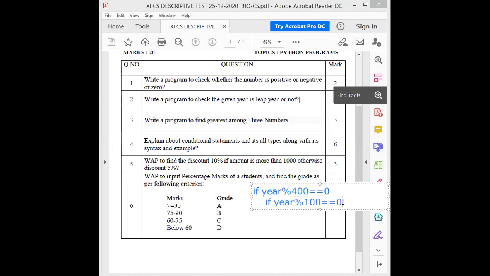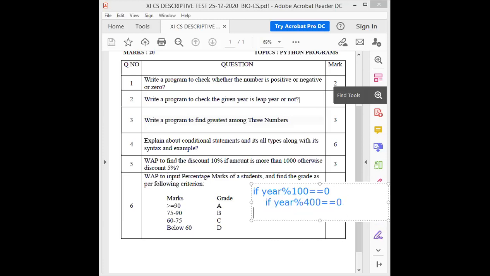For example, 2000 is a leap year, but 1900 is a non-leap year. Students, understood? So I will alter this condition: for 100 it should be satisfied and 400 also satisfied. This is the first condition.